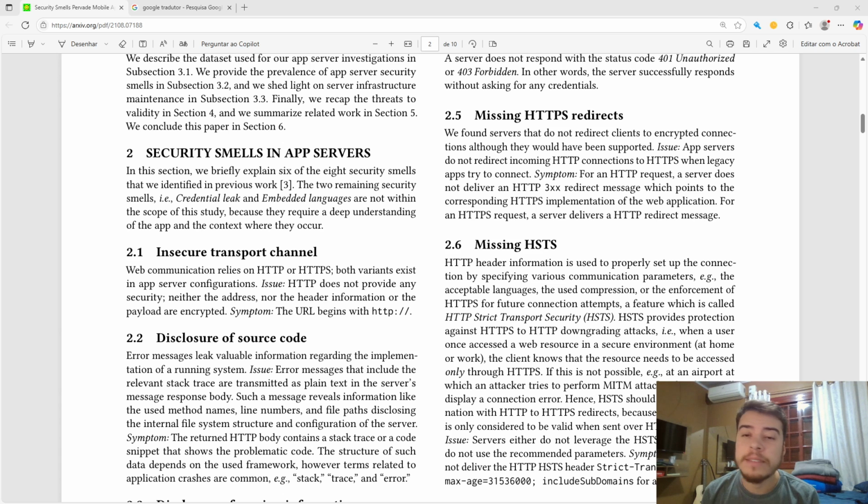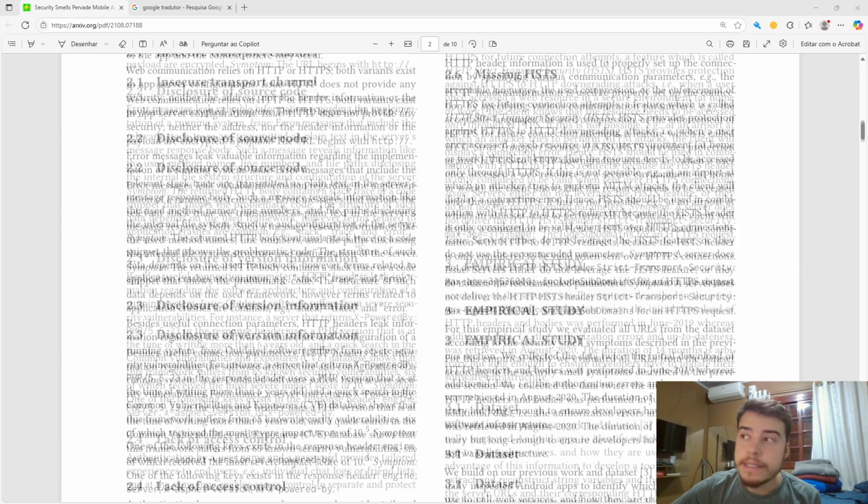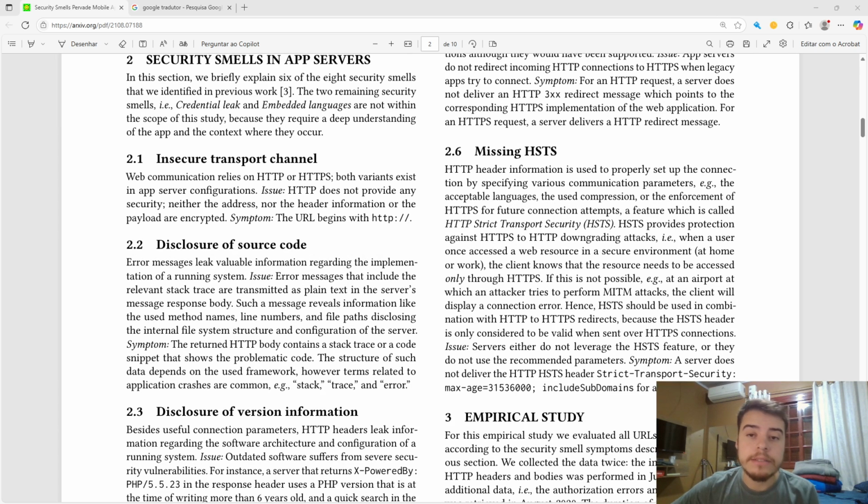It is not a vulnerability, but a bad configuration that can bring problems for the app. So the idea is to understand if these security smells and bad practices are in mobile apps.